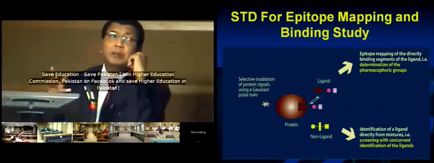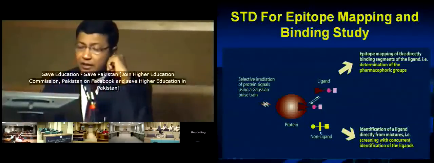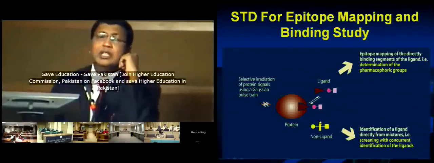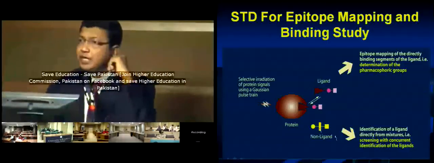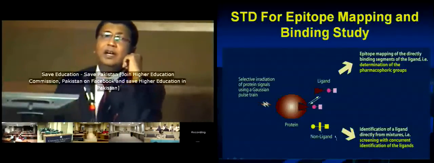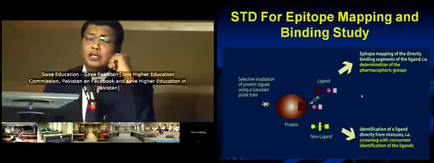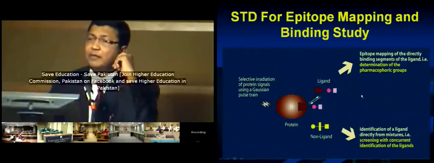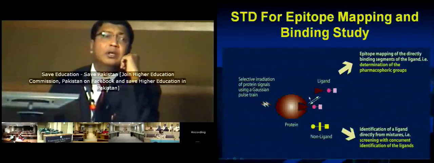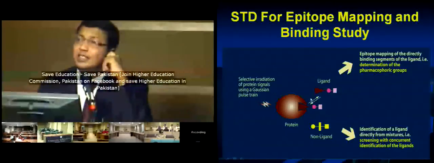Remember that three things are happening at the same time. Number one, you have identified a useless molecule. Number two, you identify a useful molecule. Number three, you also identify the part of the molecule which is in the active site.